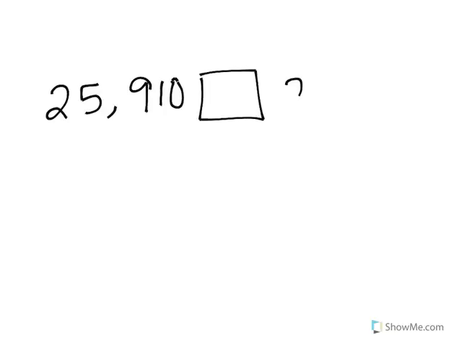Alrighty, so here I'm going to use another 5-digit number. 25,910. Put my blank box and write my other number. Alrighty, so first thing we have to do again, place value chart. Always, always, always, always.